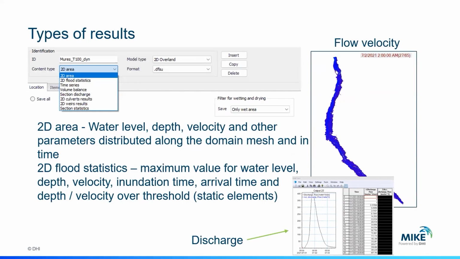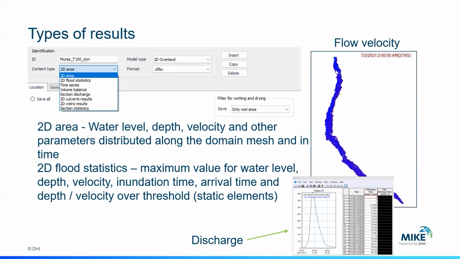In terms of results, we already saw some types of results from the previous slides. In general, the 2D modeling capabilities include options for creating dynamic maps and also static maps. The dynamic maps can show the main flow parameters like the water level, water depth, and flow velocity.